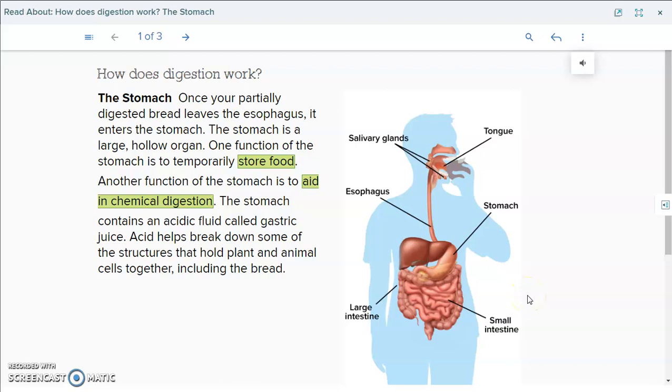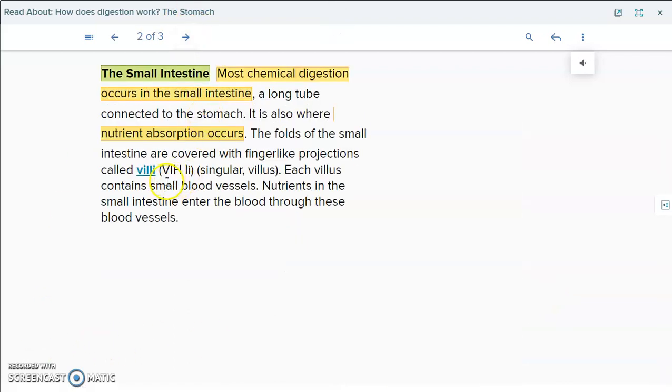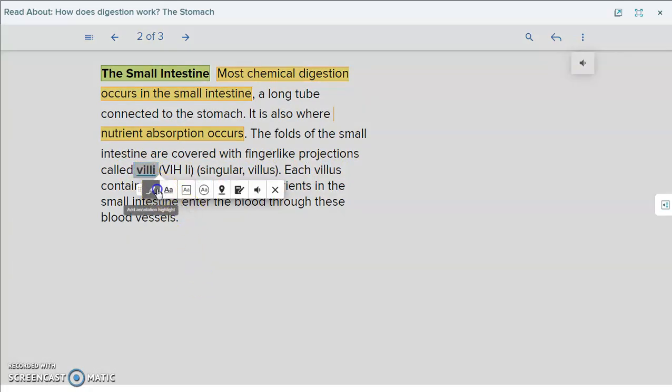Inside this muscle tube, it's covered with structures exactly like fingers. I will show you pictures. See, these are finger-like projections called villi.